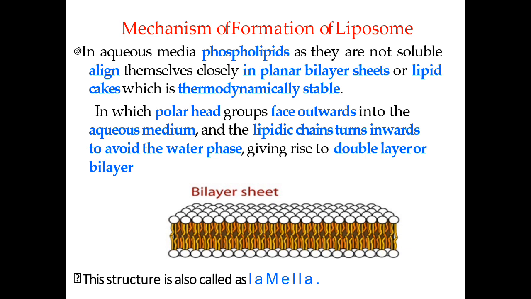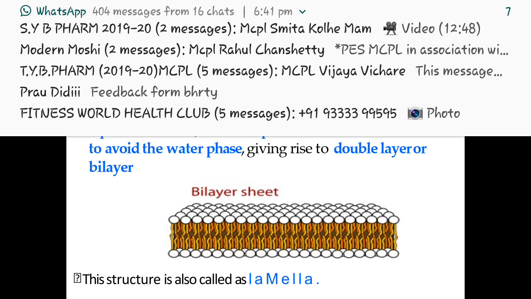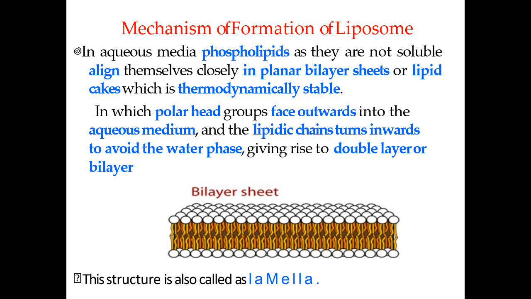The upper part, which is of a spongy, ball-like structure, is obviously the polar heads, which consist of the hydrophilic region, wherein you are able to incorporate your drug molecule which belongs to the water soluble category, and that bilayer sheet is called the lamella.